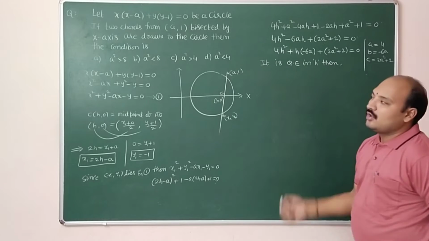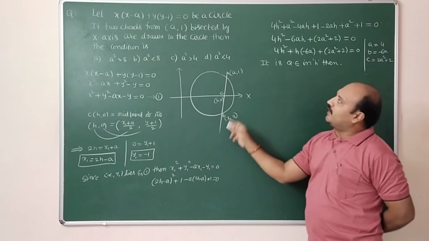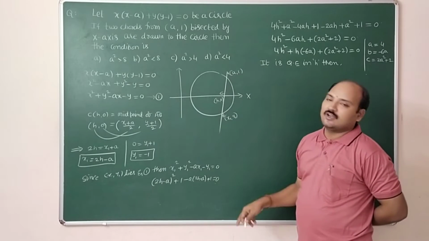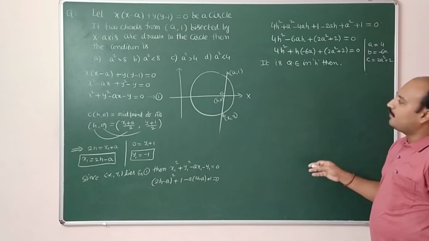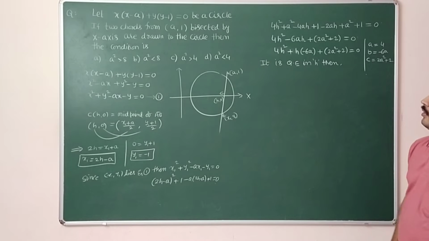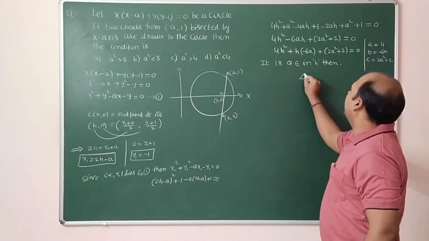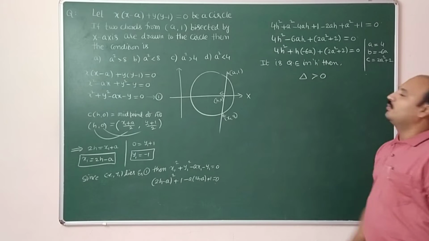Then whenever the chord is at 2 points, the chord is bisecting here. So whenever a chord is bisected by the x-axis to the circle, the discriminant of the quadratic equation should be greater than 0.